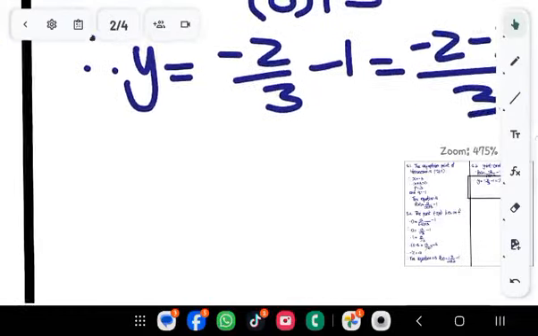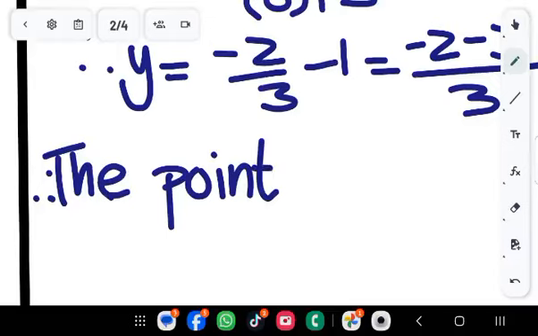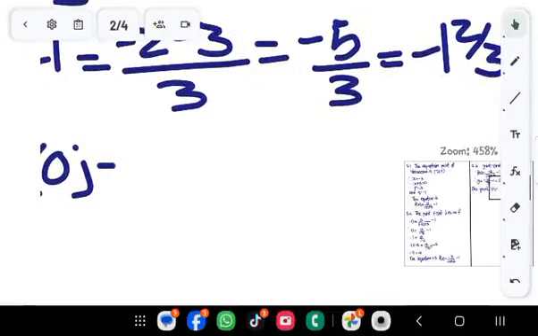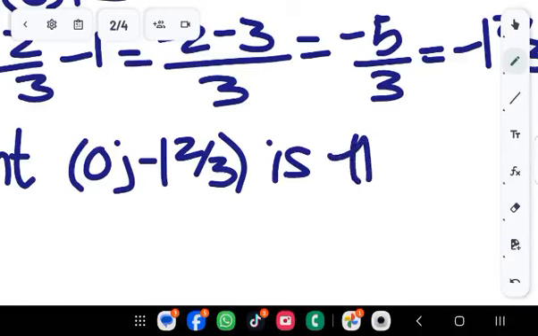So therefore, this gives us the point (0; negative 1 and 2/3). Negative 1 and 2/3 is the y-intercept.